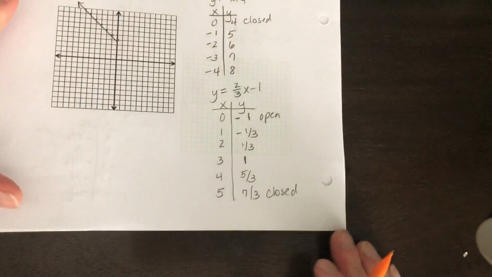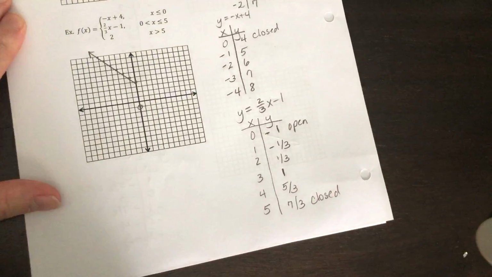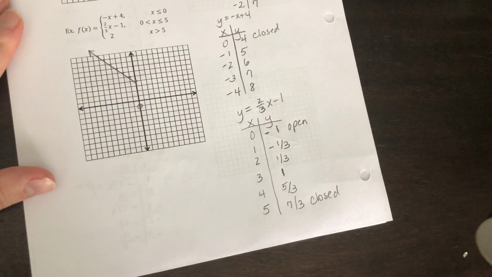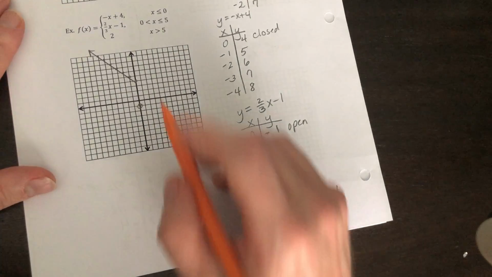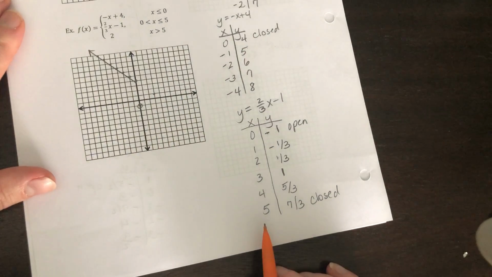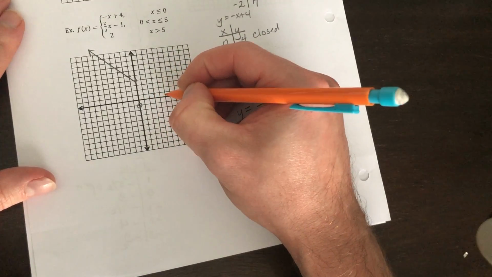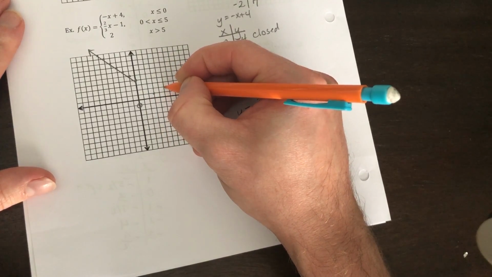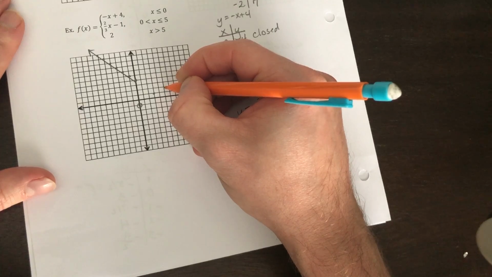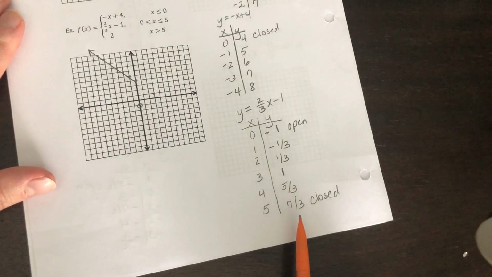Okay, and then the next branch, we're going to have the point (0, -1). It's going to be open. And then I'm going to have the point (3, 1). 1, 2, 3, 1. And then (5, 7/3). 1, 2, 3, 4, 5. 7 divided by 3 is 2 with a remainder of 1, so 2 1/3.